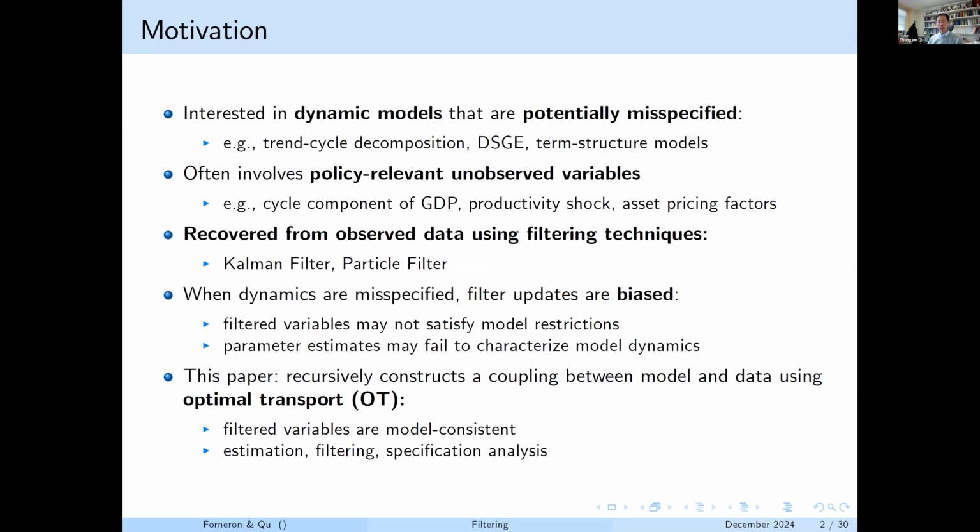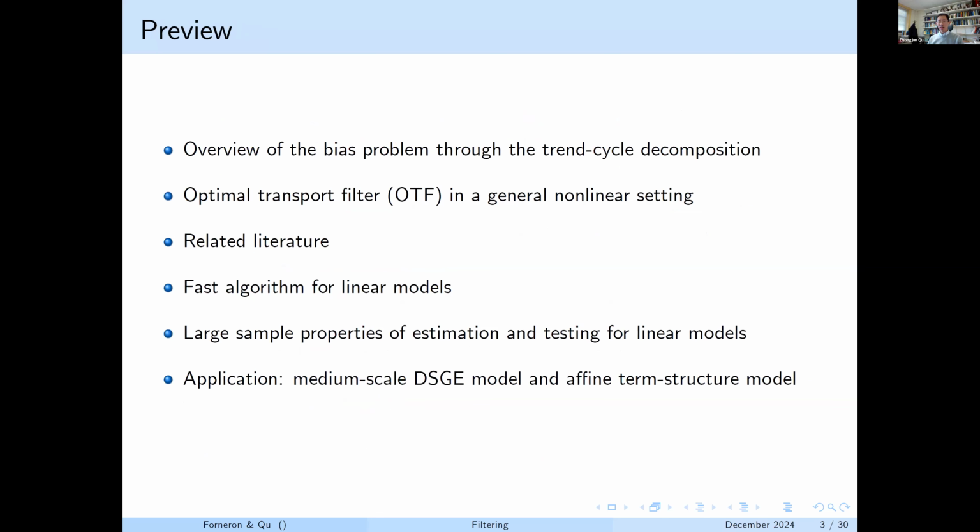As you will see, this approach also leads to methods for estimation and procedures for testing, and they all can be done in a unified framework. Just to summarize, this paper is about filtering, and also about estimation and model misspecification analysis. So that's a very quick preview.